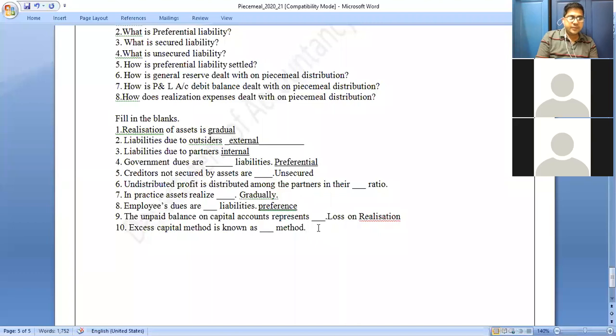Excess capital method is also known as, there are a number of names, highest relative capital.